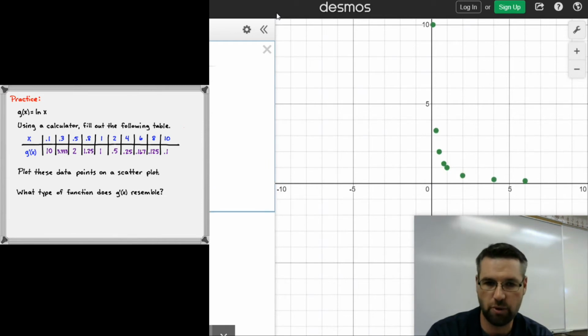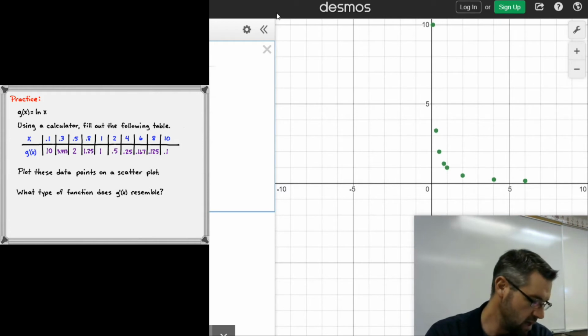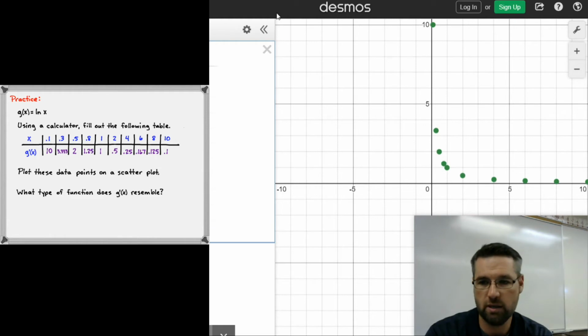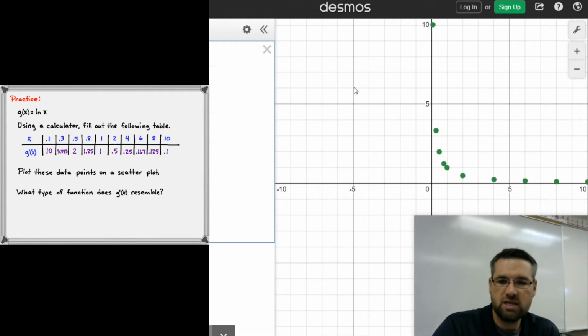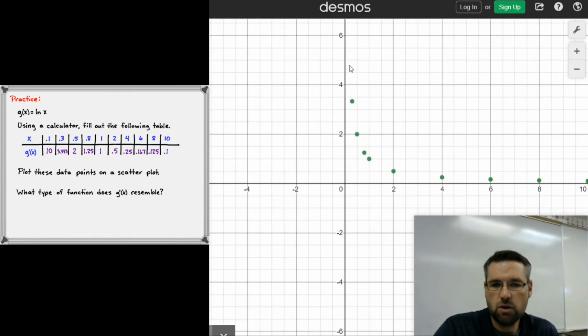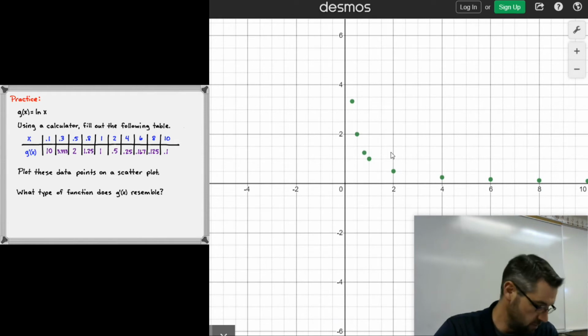I believe that's going to be 0.16666, and so on. 8 is 0.125, and then 10 is 0.1, and then we can keep going with that. But if you look at these points on this graph, I'm going to go ahead and hide the table here. If you look at these points on this graph, these look like they are points that lie on a very specific function. Okay, so what function does that look like?